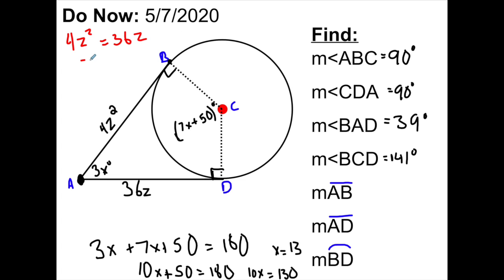We divide by 4. We're going to go ahead and subtract. It's quadratic, so we have to use the method of factoring because we've got z's on both sides. We can't just divide out. Factor out the z: z minus 9 equals 0.